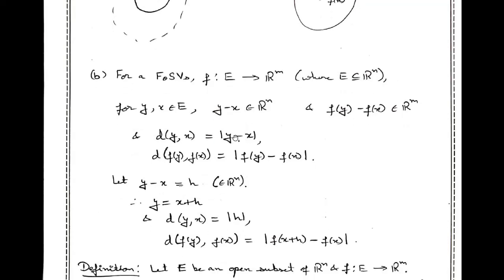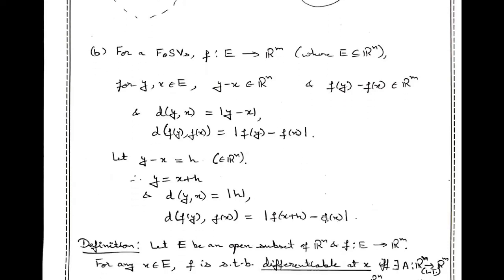And therefore these norms and distances can be written: the distance between y and x will become the norm of y minus x, where y is x plus h, so it will be norm of h. In a similar way, the distance of f(y) and f(x) will be the norm of f(x plus h) minus f(x). So that will be their distance.